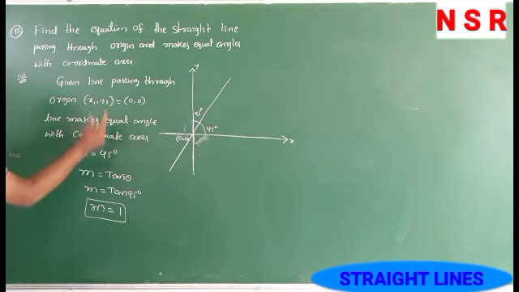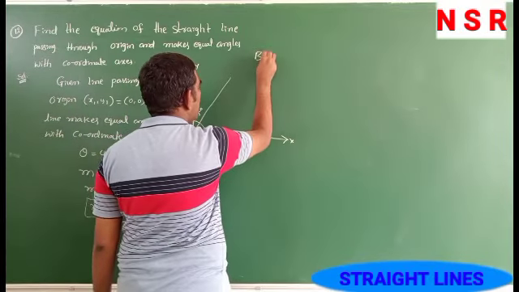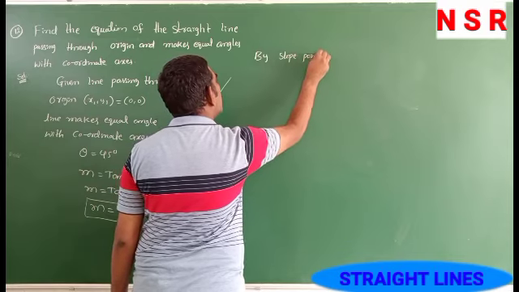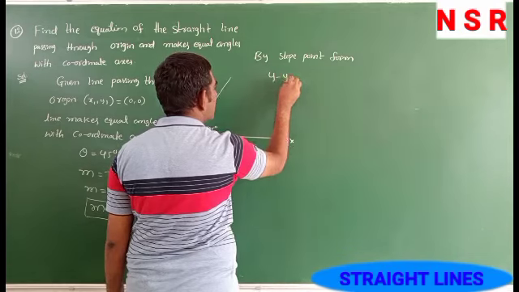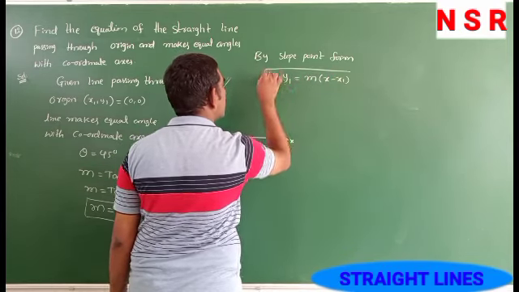So we have a point and the slope, so by slope point form, y minus y1 equal to m into x minus x1.